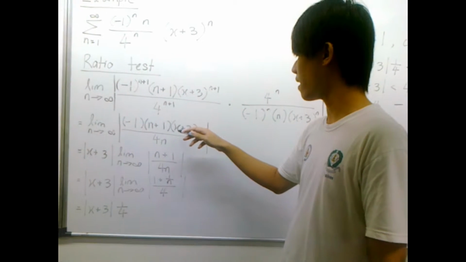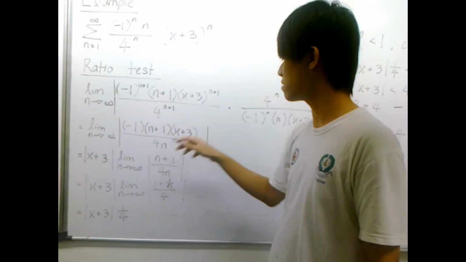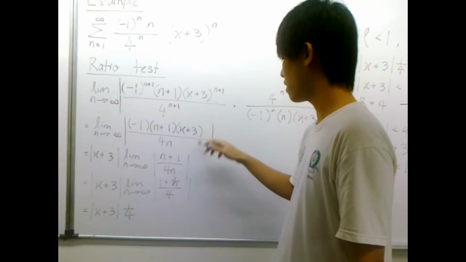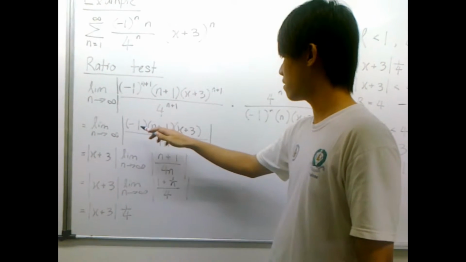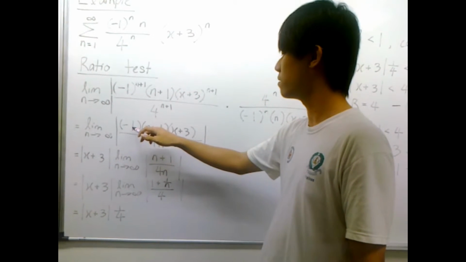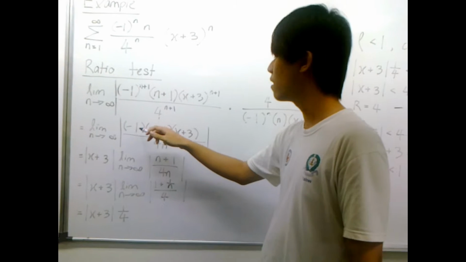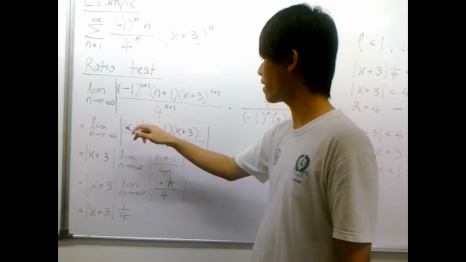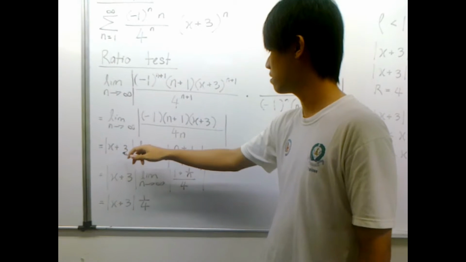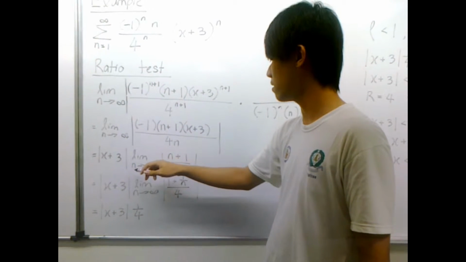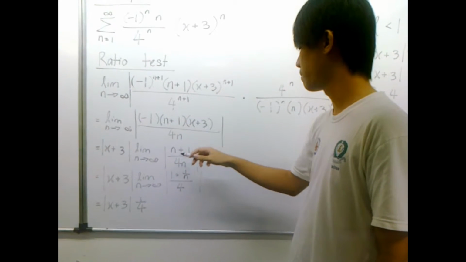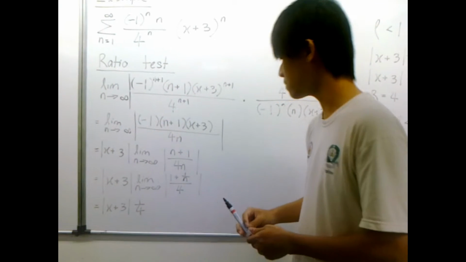And since x is not affected by the limit, we can simply move it to the other side, and the modulus of negative 1 will be positive 1, so we can remove that as well, and now we have modulus x plus 3 times the limit as n approaches infinity of modulus n plus 1 over 4n.